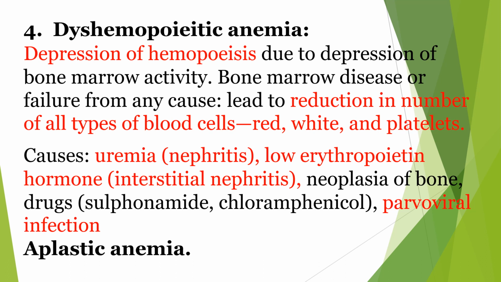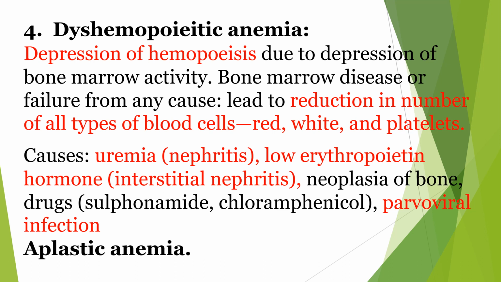The most common cause is uremia due to nephritis, because of the urea toxin. Second in nephritis is low erythropoietin hormone. The erythropoietin hormone stimulates the bone marrow for production of more RBC.